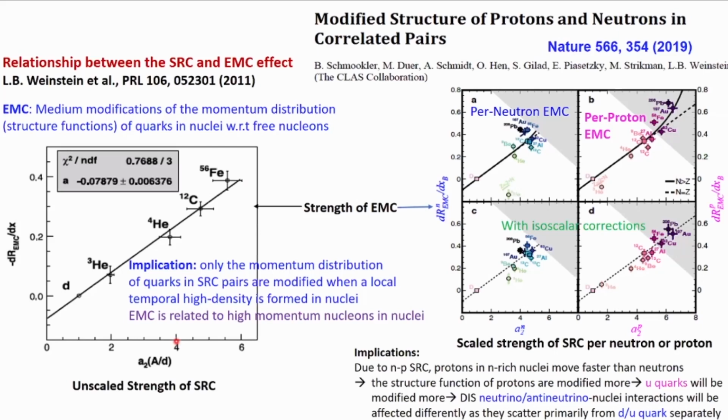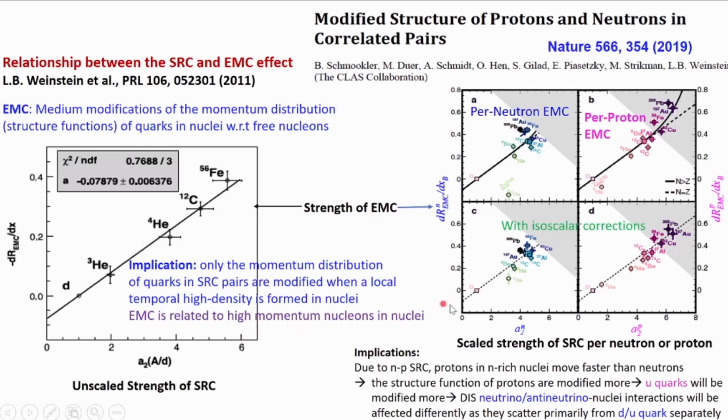But when two nucleons come together through the short-range correlation, the quark distributions in those two close-by nucleons get modified. So this tells us that the EMC effect is related to the high momentum nucleons in nuclei.